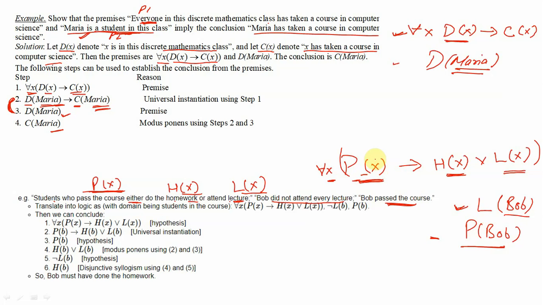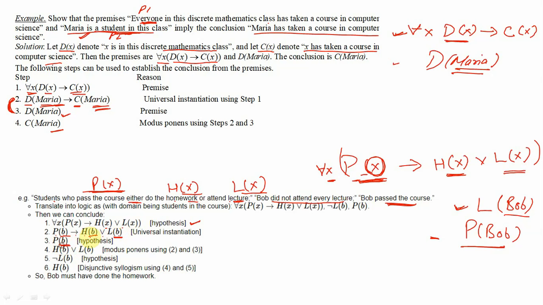Bob is a value that I am putting in the variable x. So I have for all x, px implies hx or lx. This is the premise or the hypothesis. So I can say P Bob implies H Bob or L Bob. If Bob has passed, that means Bob has either done the homework or attended all the lectures.